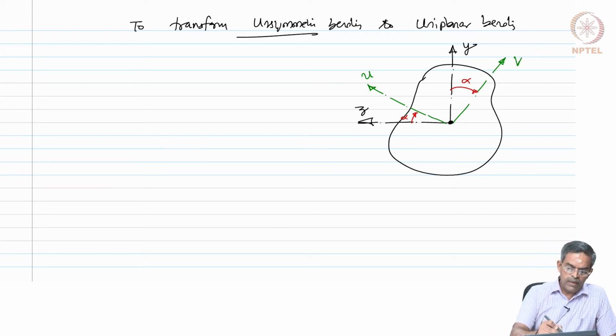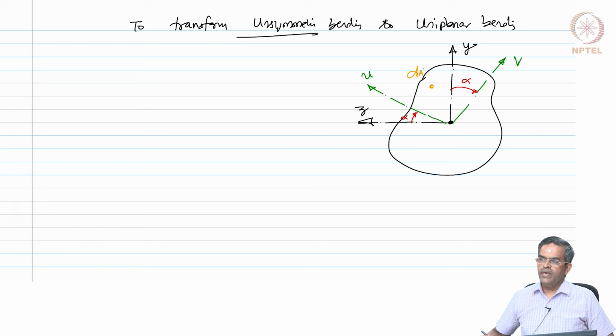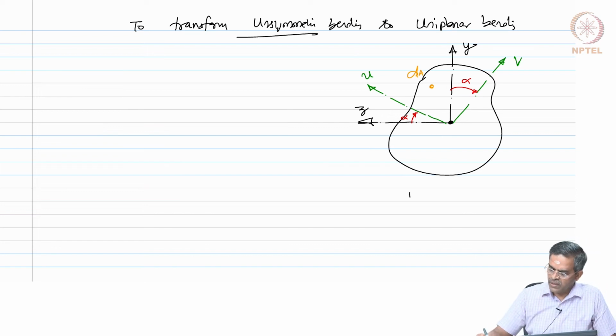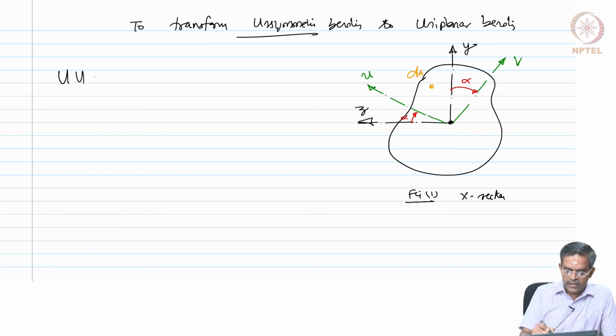Okay. Let us take a point whose area is dA. It has got specific coordinates u and v or x y depending upon our choice of coordinates. Okay. Let us refer this as figure 1, a typical cross section of a member.